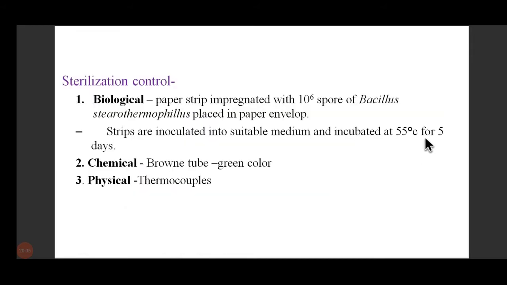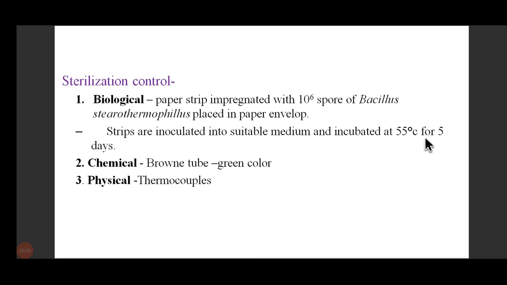Again, we need a sterilization control to check whether our equipment is functioning optimally or not. As you would have remembered, in the hot air oven we were using spores of Clostridium tetani. Here we are using spores of Bacillus stearothermophilus, 10 to the power 6 spores, which are placed in a paper envelope, and strips are inoculated into a suitable medium and incubated at 55 degrees Celsius for 5 days to check whether these spores are germinating or not, and whether our sterilization has been achieved optimally or not.